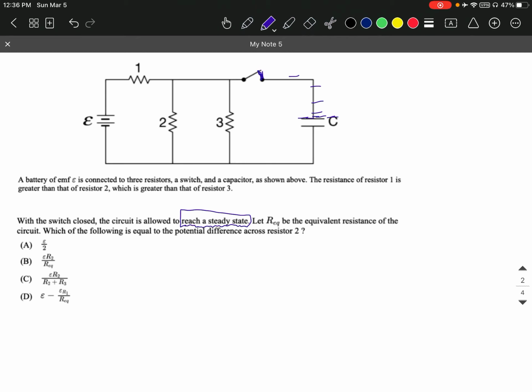So this is a connected circuit now. If this switch is closed for a while, once the charge is built up on this plate, there's a certain point where there will no longer be any motivation for charges to flow down this pathway.